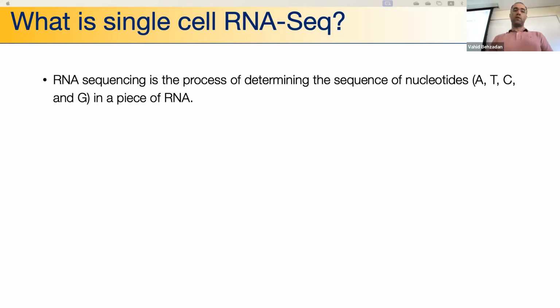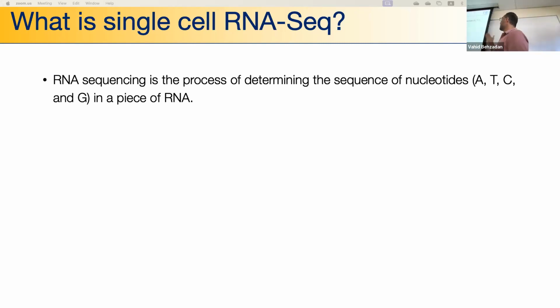So basically, what we mean by RNA sequencing is the process of determining the sequence of the nucleotides that form a piece of RNA. So you have a DNA, you take a copy of that DNA, and you get an RNA. So the RNA and the DNA is formed of a few nucleotides, just four.